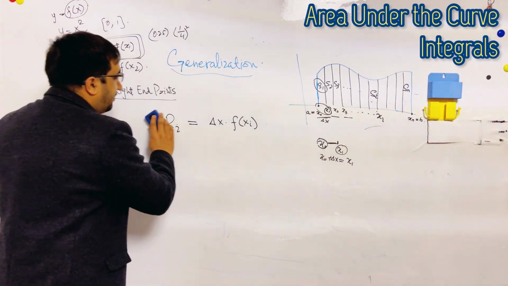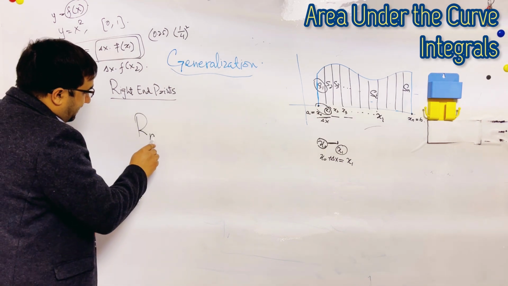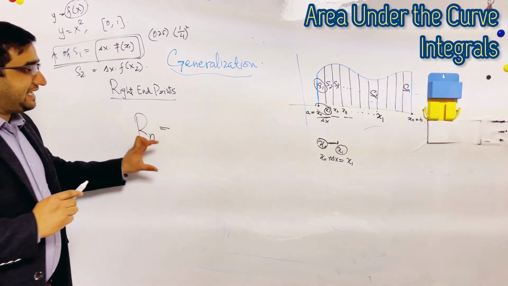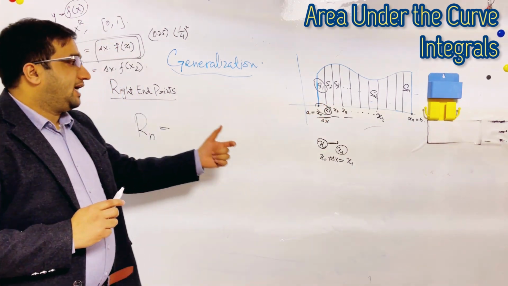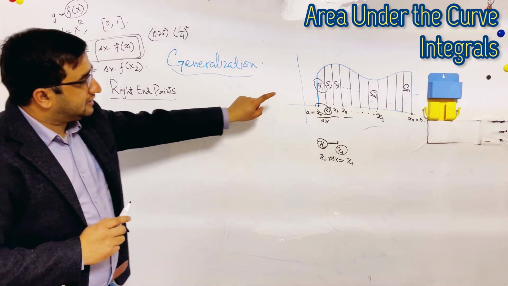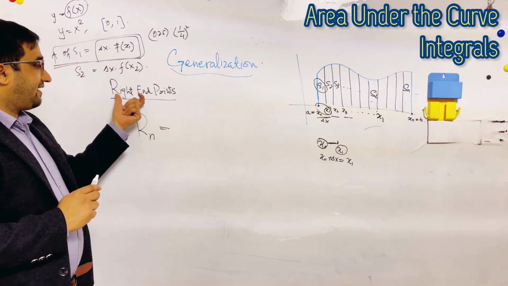Now for total Rn, we said that the total area of the region approximated by the slices is the sum of the areas of all the slices according to the right hand points.